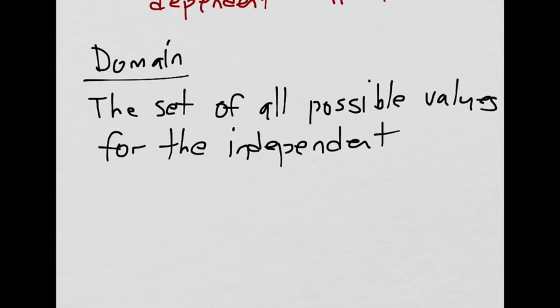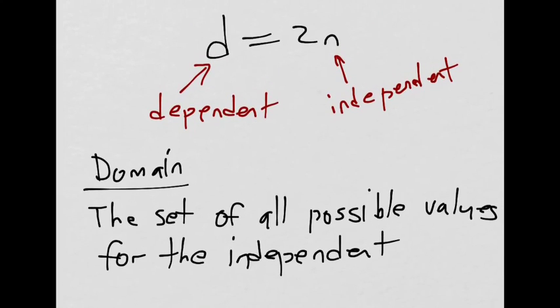Please write this down. That's just another way of saying the domain of a relation is all the numbers that the independent variable can be. Some of the values in our domain here could be 0, 1, because you could jump once, 2, 3, 4, and so on. These are examples of values in the domain, but to state the domain properly, we have to list all the possible numbers that n, the independent variable, could be.